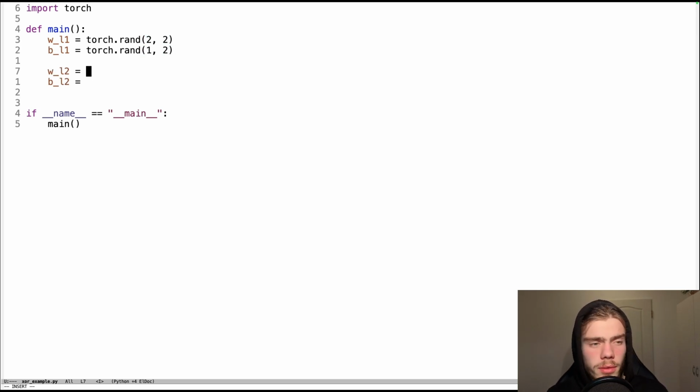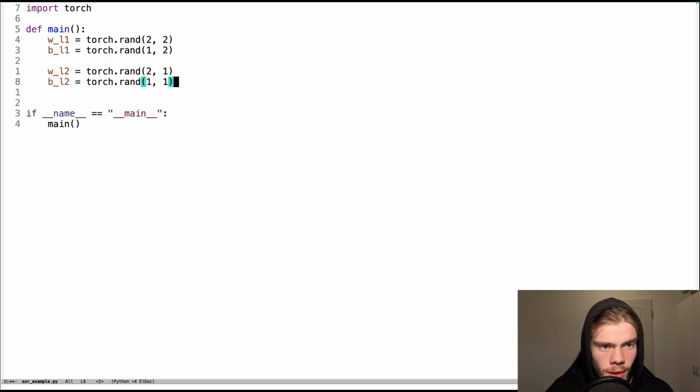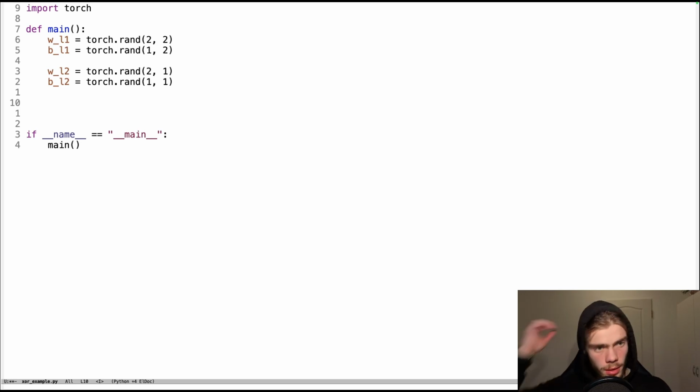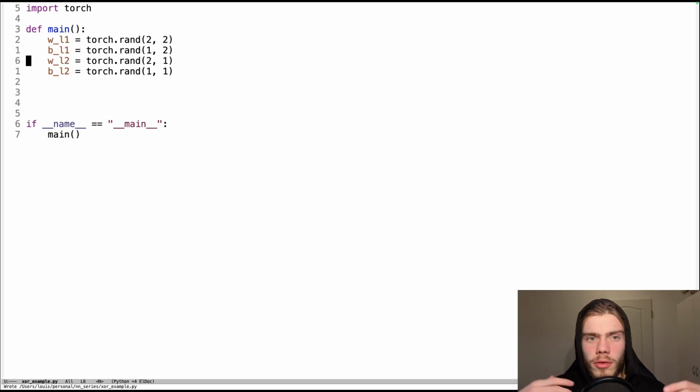Okay, and for the second layer it will be a random matrix of 2 by 1 for the weights of the second layer, and a 1 by 1, a single value basically, but we're defining it as a matrix because we can then replicate them and broadcast automatically for the bias of layer 2. So this is the definition of our entire neural network, at least for the parameters.